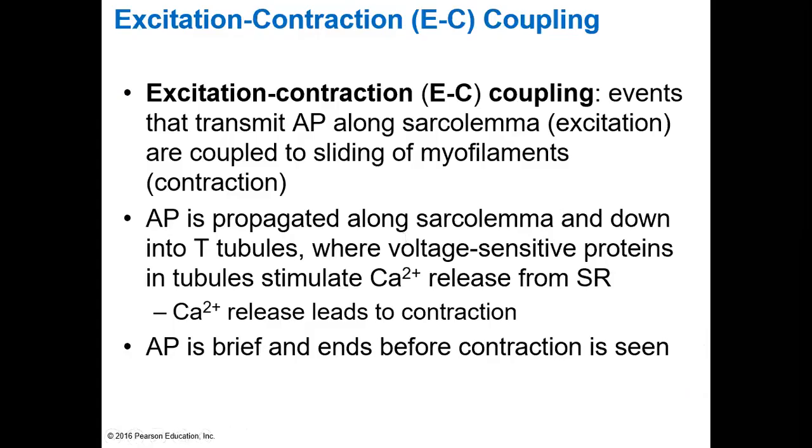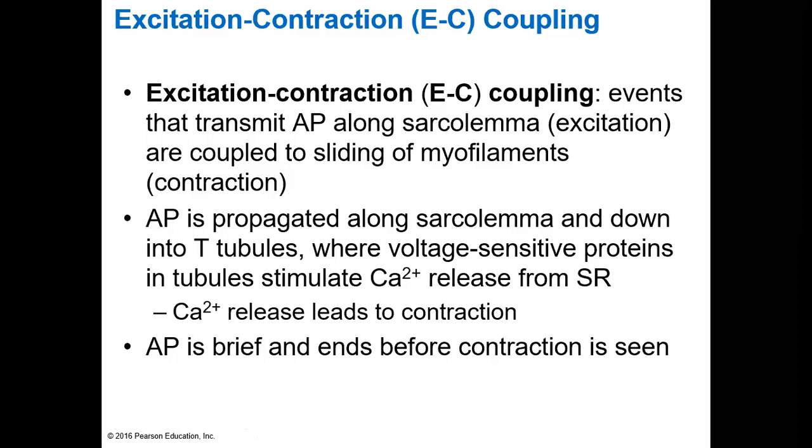When you excite and depolarize the sarcolemma, the main thing that happens is that the depolarization wave travels down the T tubules and it actually causes a conformational change in the sarcoplasmic reticulum that releases massive amounts of calcium into the cell.